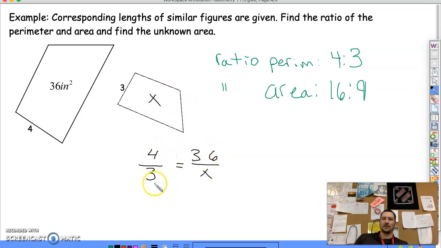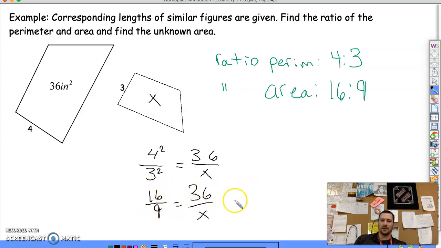However, we know the ratio of the sides is not the same as the ratio of the areas. The ratio of the sides squared is equal to the ratio of the areas. So now what we really have is 16 over 9 equals 36 over x.